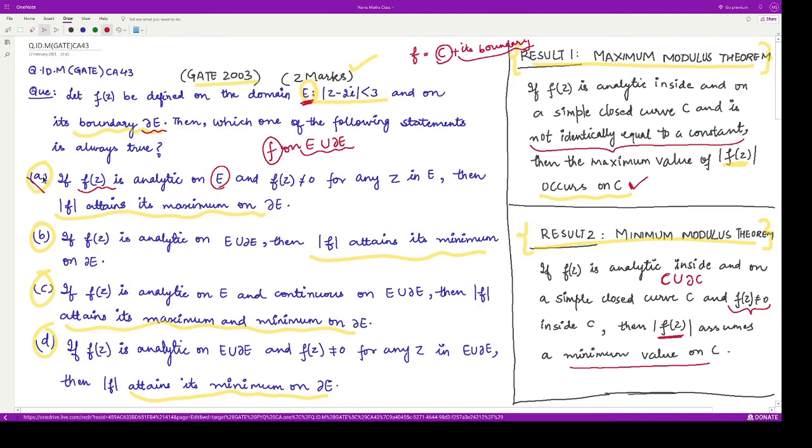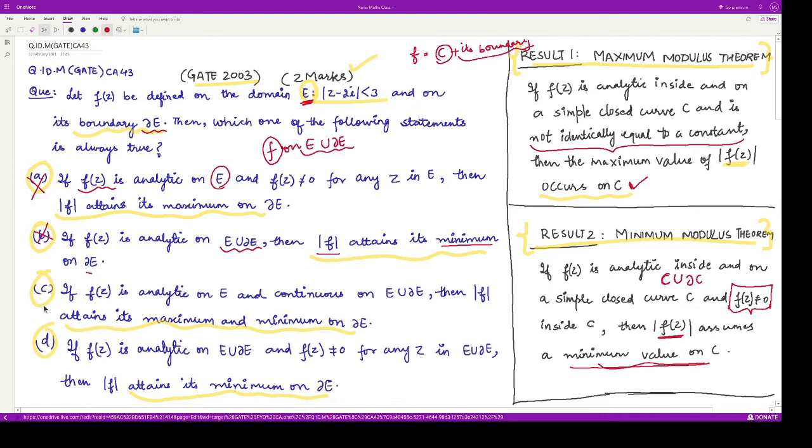So this option is the wrong option. Then let us see the second option. Here they are saying the modulus of the function attains its minimum value on the boundary and we are given f(z) to be analytic on E as well as on its boundary. But for the minimum value, the condition f(z) not equal to 0 is missing. So this option is also incorrect.